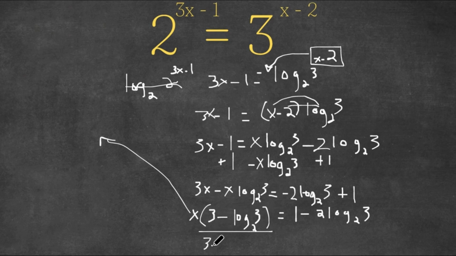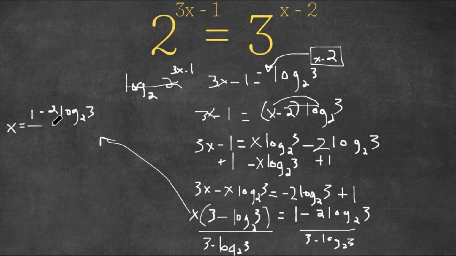So if we divide by this on both sides, we get that x here equals 1 minus 2 log 3 over 3 minus log subscript 2, 3.